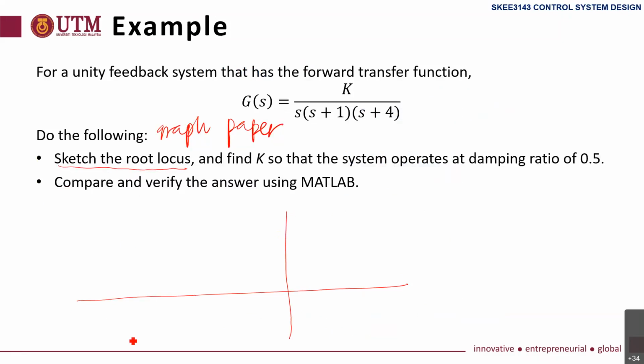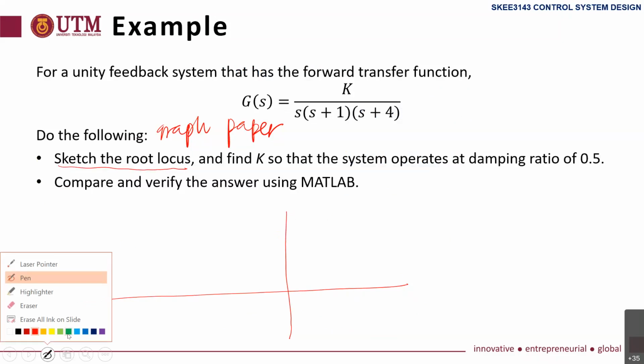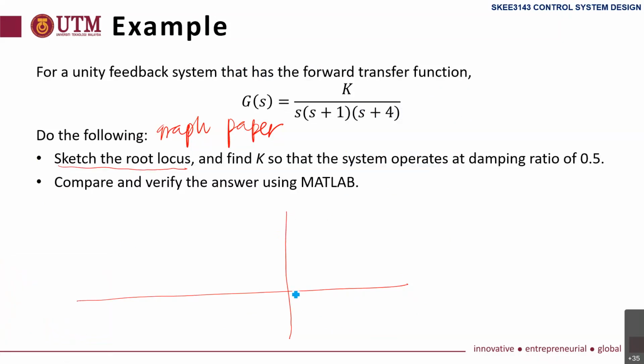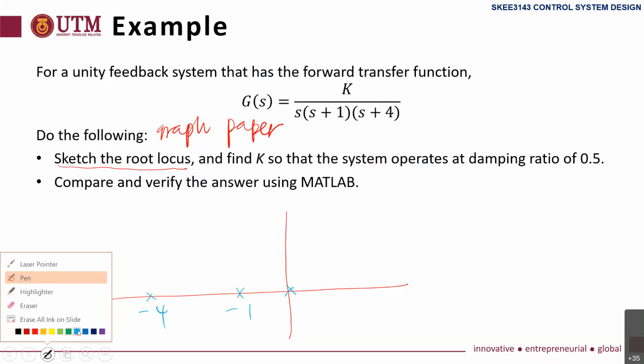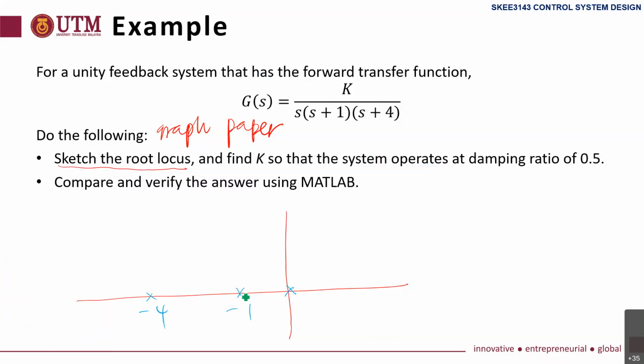So we should have three poles at 0, -1, and -4, and then we apply the rules. The locus is on the real axis to the left of an odd number of poles and zeros. Then we need to find the asymptotes.